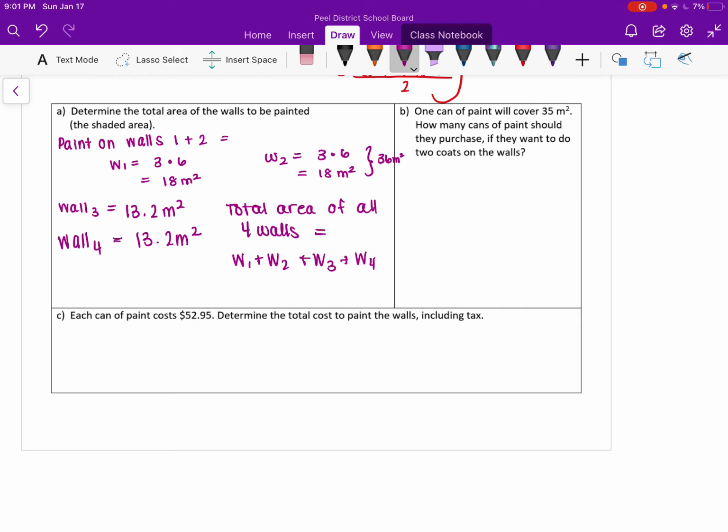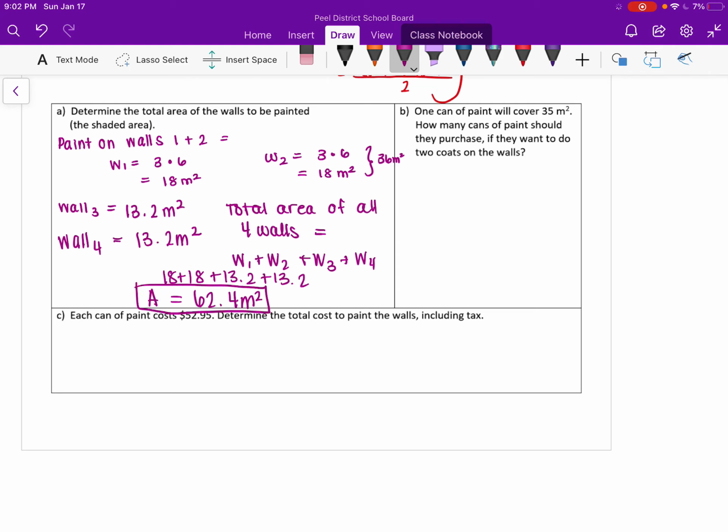So that's going to equal 18 plus 18 plus 13.2 plus 13.2, which is going to give me 62.4 meters squared as the area to be painted.